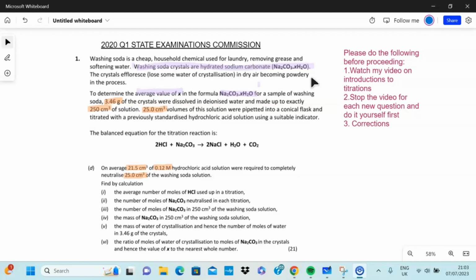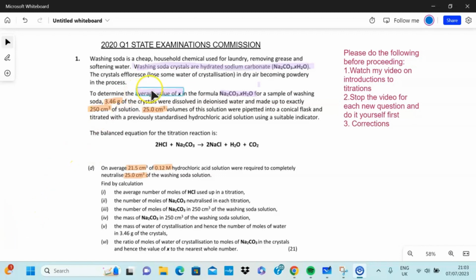But that aside, which you can see in my other video as well, this is hydrated. The problem with hydration is that it's extra water, and the whole point of this experiment is to find how many molecules of water are added to that anhydrous sodium carbonate to make that crystal.